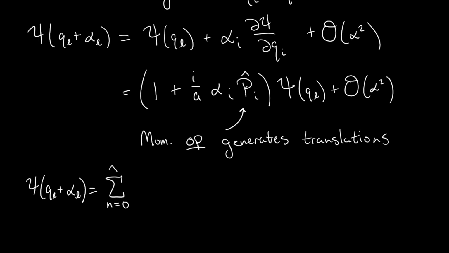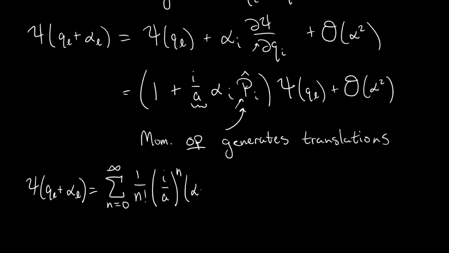The sum from n equals 0 to infinity of 1 over n factorial times i over ħ to the n, right? Because each time we expand, we get another derivative, which means we need another factor of p, which means we need to kill off this factor of minus iħ, and that's where this i over ħ to the n term comes from.